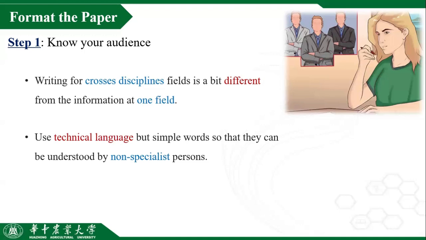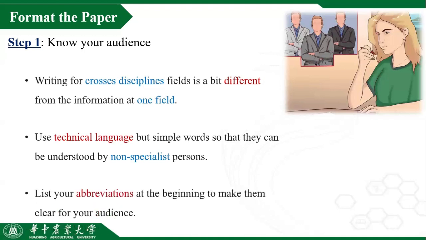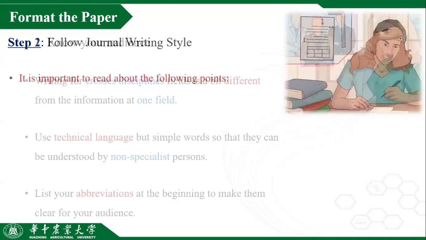So it should be for different fields, not one field. You should use technical language and make it simple as much as you can. And you should list abbreviations at the beginning of your paper, or at the first appearance of the term in your paper. So this is the first step, know your audience.